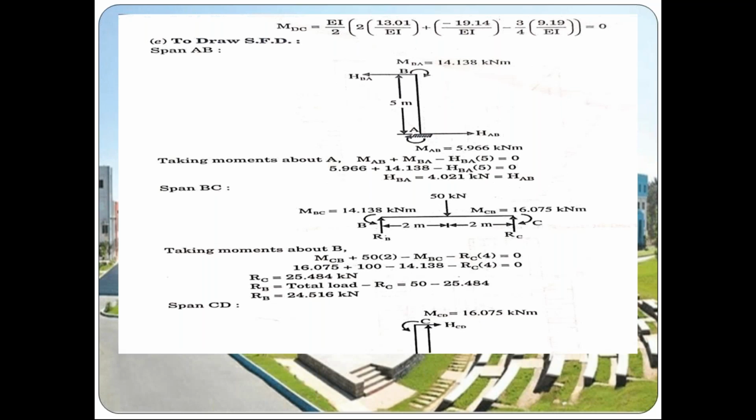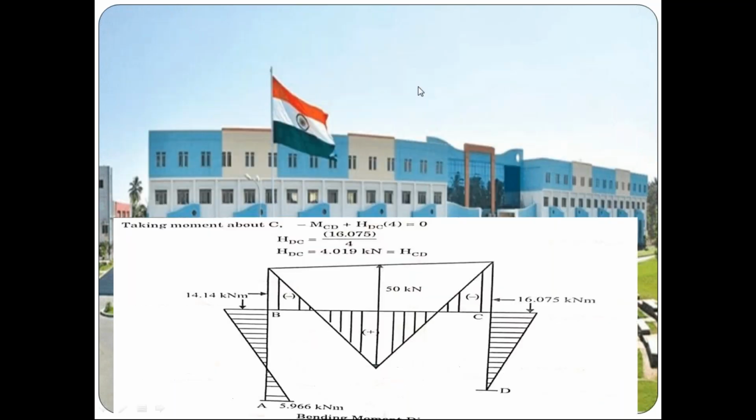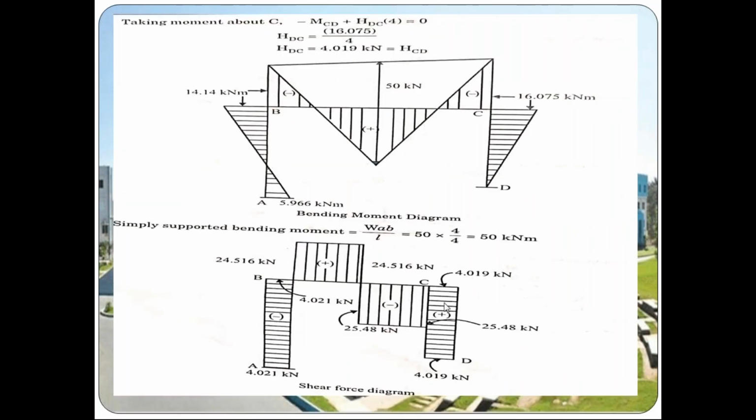The HCD value is 4.019, towards the right side. It comes linearly, because there is no load between span CD. At joint D we have a left side reactional force, so plus 4.019 and minus 4.019 gives 0 at point D.